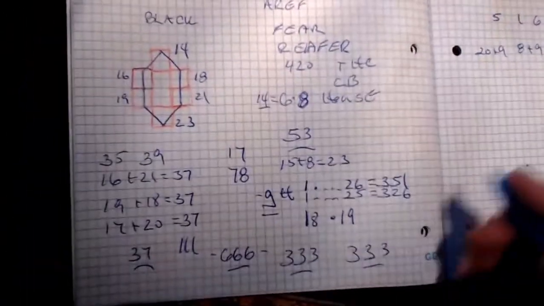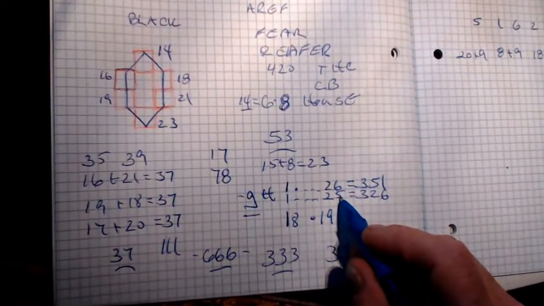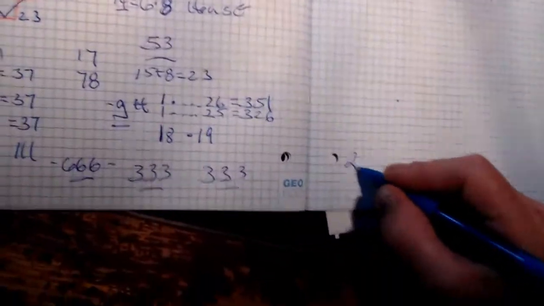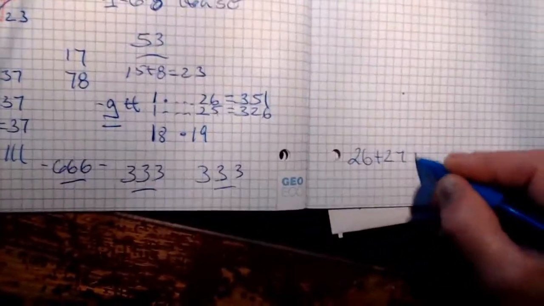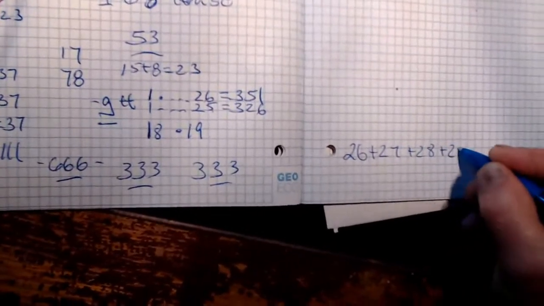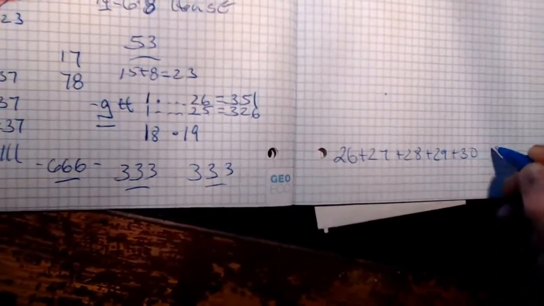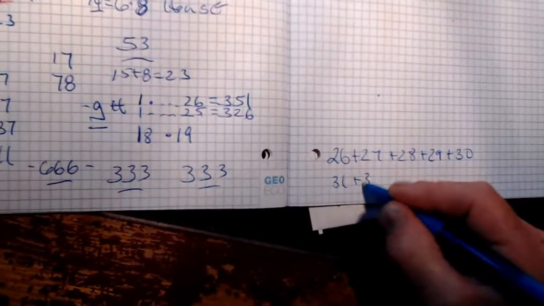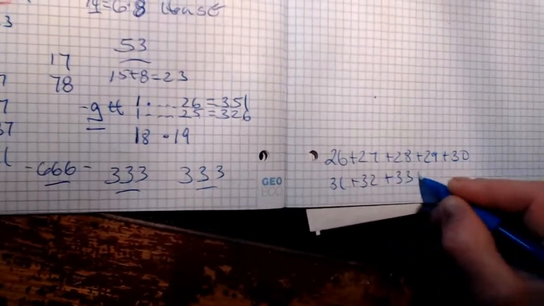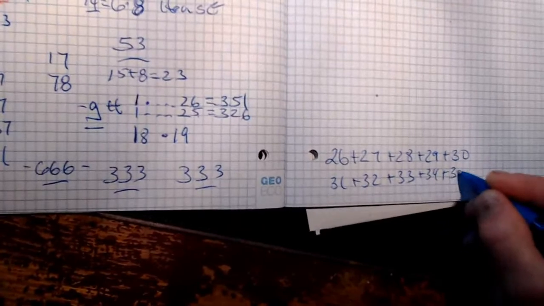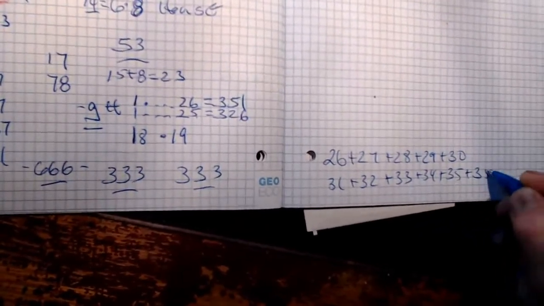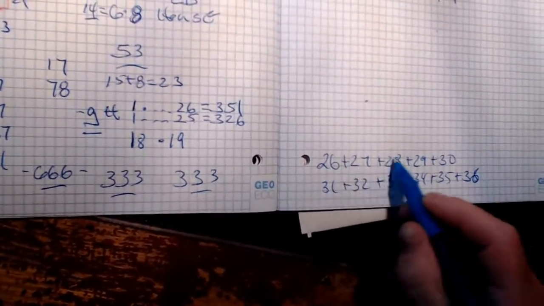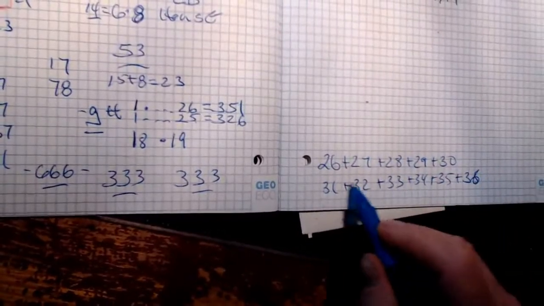Now let's count. What is the value between 26 and 36? 26, 27, 28, 29, 30, 31, 32, 33, 34, 35, and 36. 1, 2, 3, 4, 5, 6, 7, 8, 9, 10, 11.